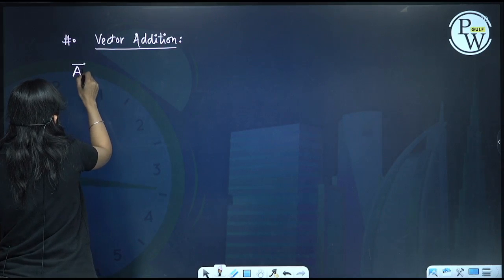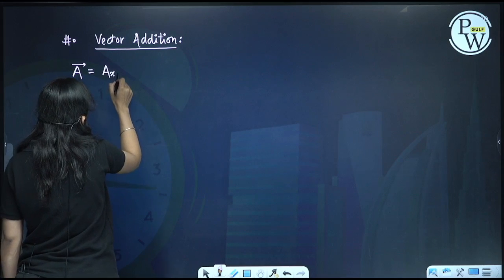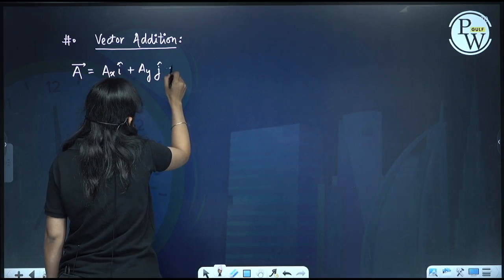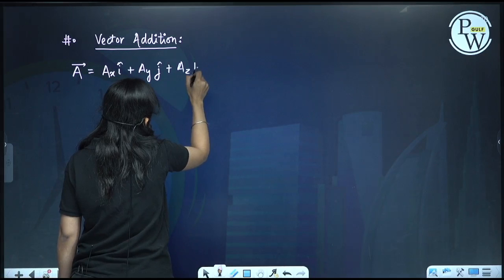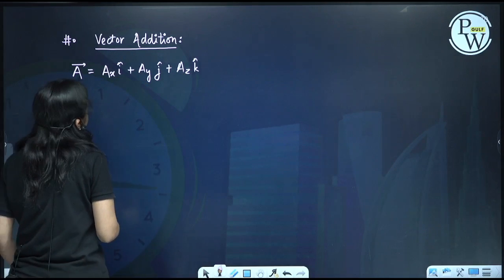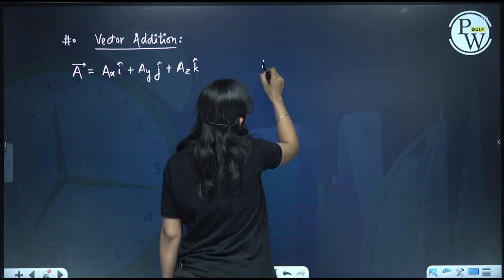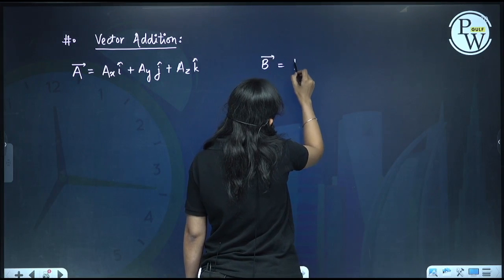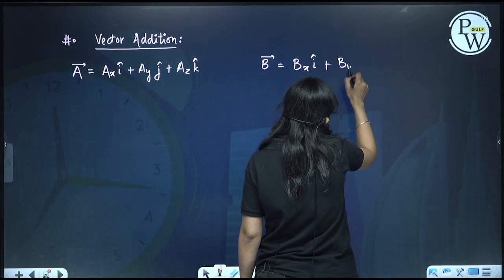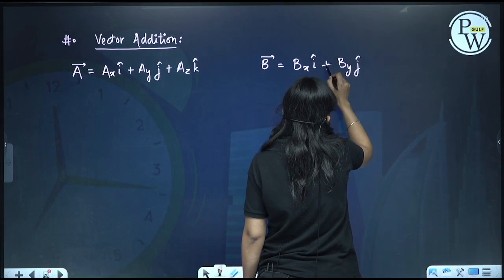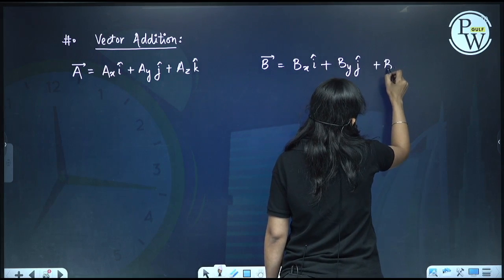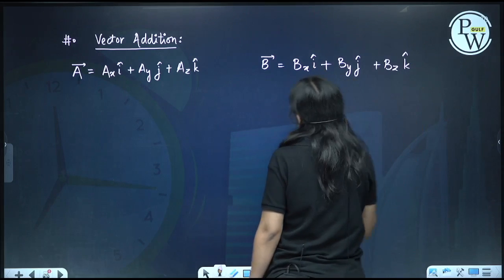If this is my vector A equal to ax i cap plus ay j cap plus az k cap, and I have another vector, bx i cap plus by j cap plus bz k cap. This is my B vector.